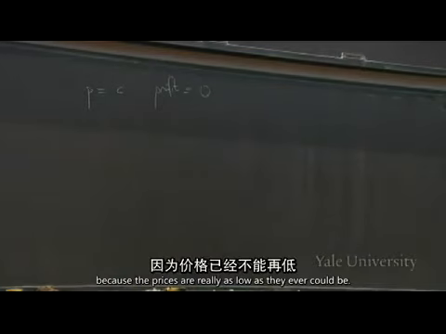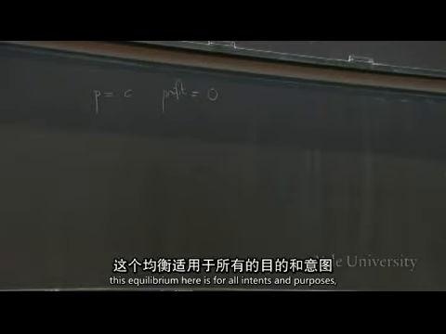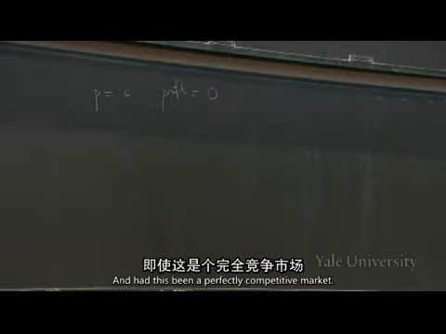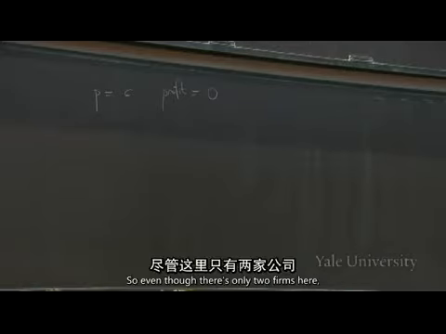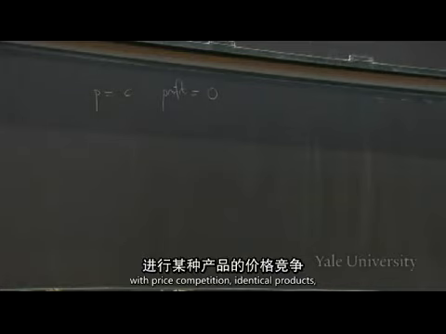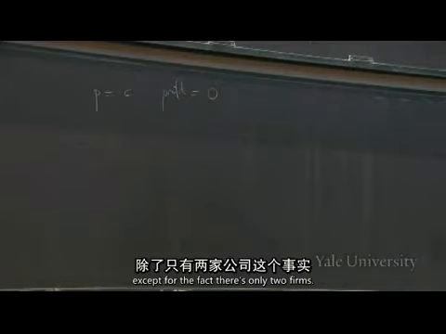In fact, the outcome here, this equilibrium, is, for all intents and purposes, the same equilibrium we would have had there been thousands of firms in the market and had this been a perfectly competitive market. So even though there's only 2 firms here, with price competition, identical products, we end up with an outcome that looks exactly like perfect competition, except for the fact there's only 2 firms.